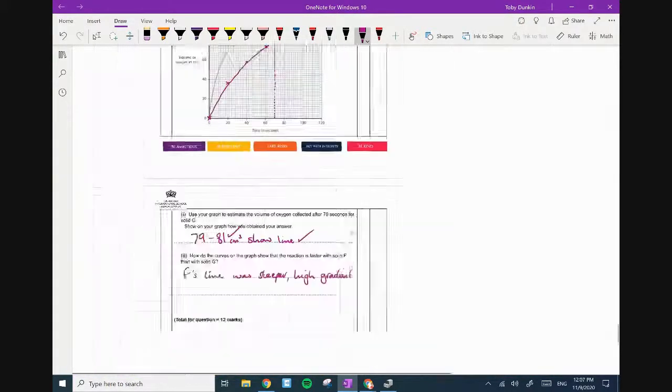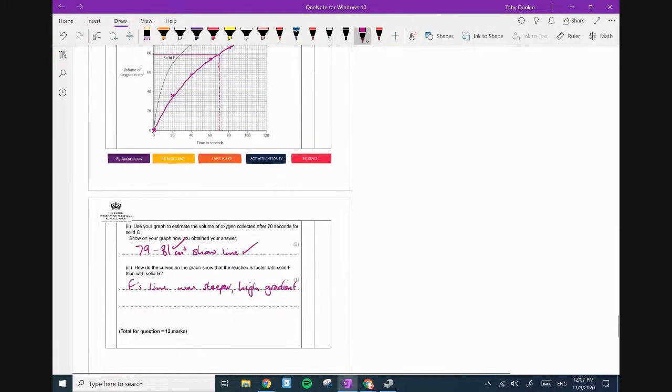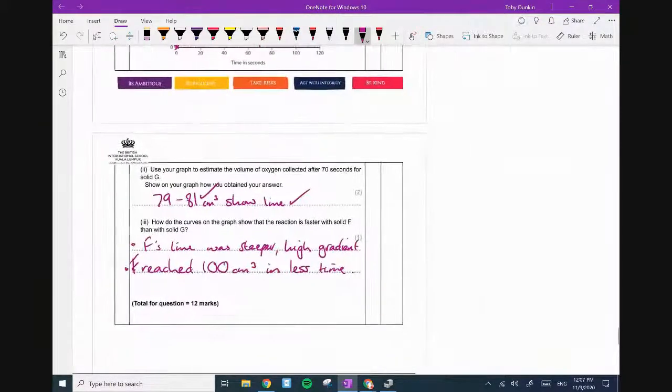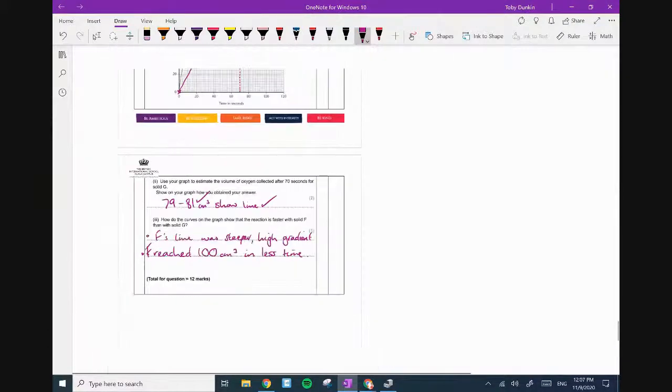You were allowed to say either for that. And that was out of 12. You should never say the word fast or slow, just in less time. There we go.